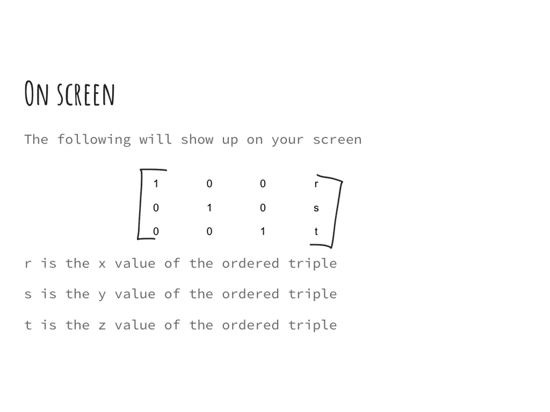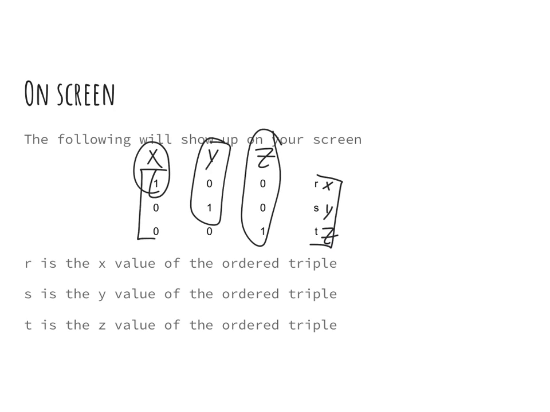Your R is the X value of your ordered triple, the S is the Y value, and the T is the Z value of your ordered triple. So it goes in order X, Y, and Z. Because you'll notice when we lined them up, our X's, our Y's, and our Z's were in this order. So that's how it should be, and that's how we're going to write our ordered triple.